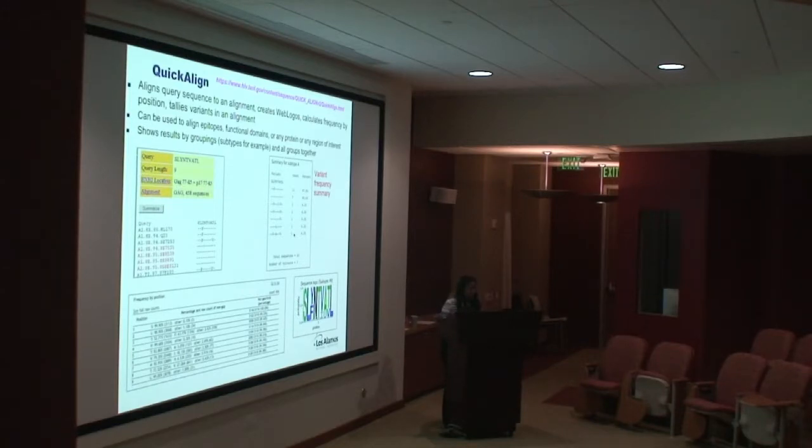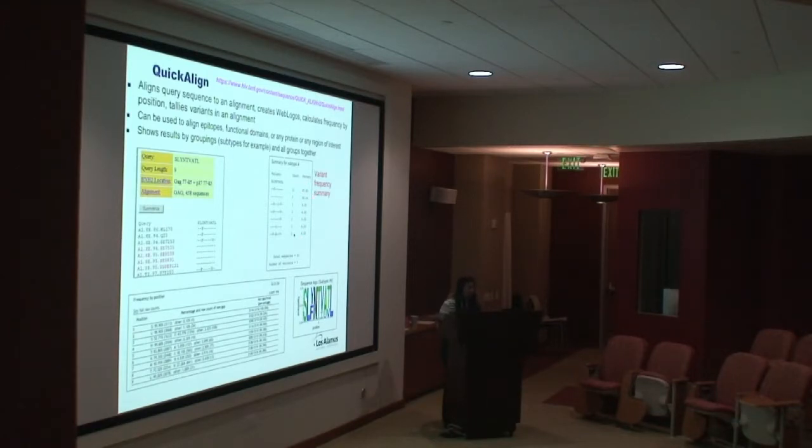If you put in, say, a good old SL9 and submit, then you get SL9 and all the different hits it has to the sequences, and some are identical and some are not. There are variants, of course, and this is generated by subtype: A, B, C, subtypes of the virus.